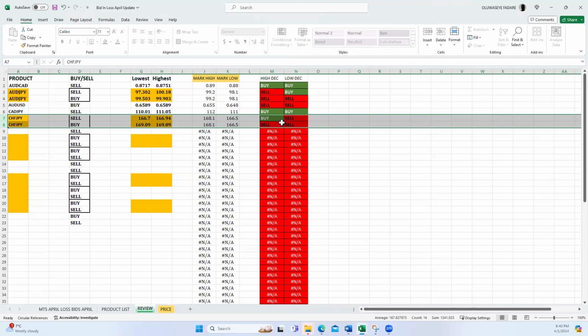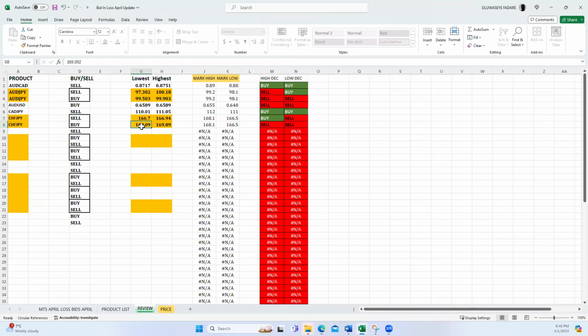Because it's on a sell trend, what price should we start thinking of buying? We have to start thinking of buying at 169.1.